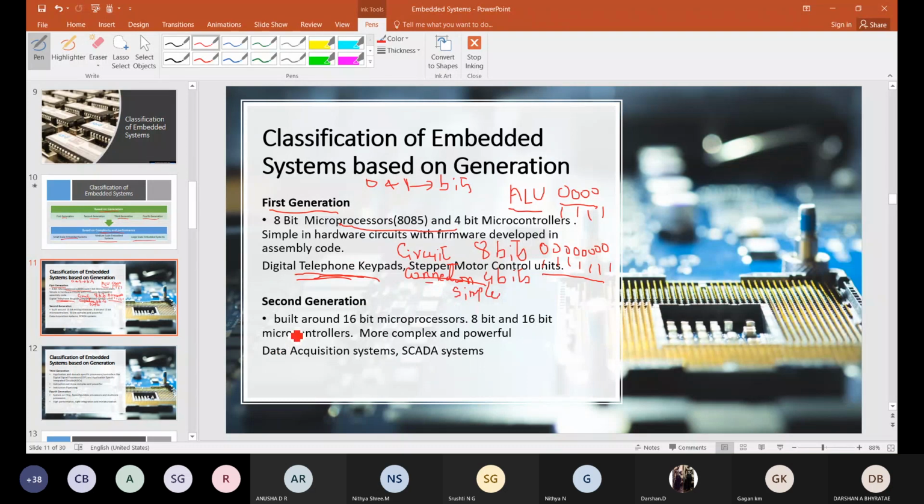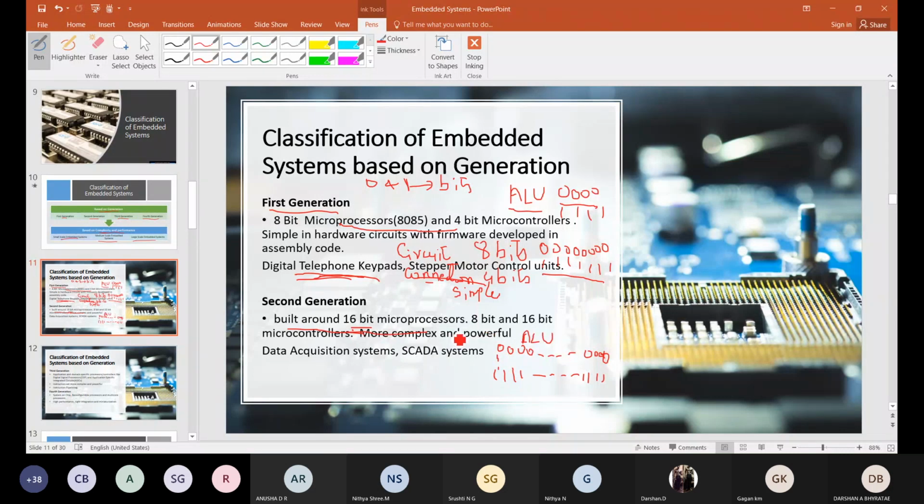Okay, the next is the second generation. Second generation means it performs as a 16-bit microprocessor or microcontroller. 16-bit means I can perform the ALU operation of 16 bits at a time.